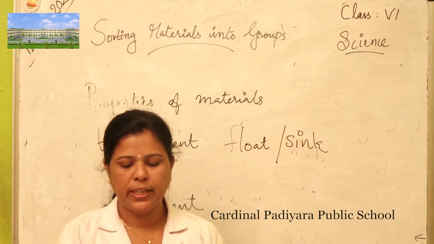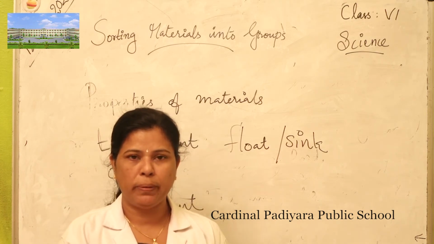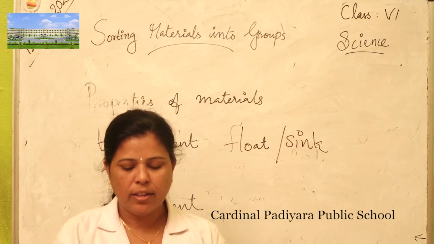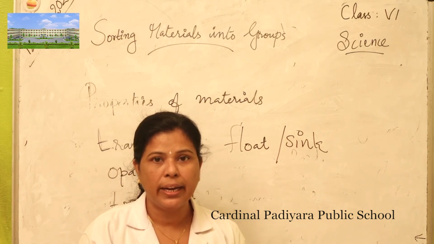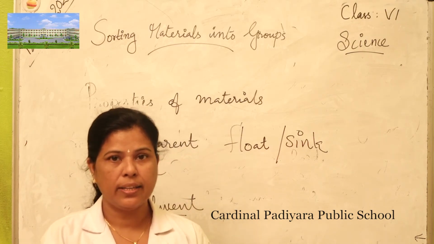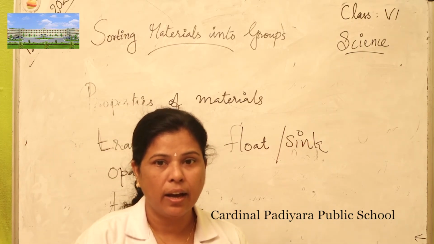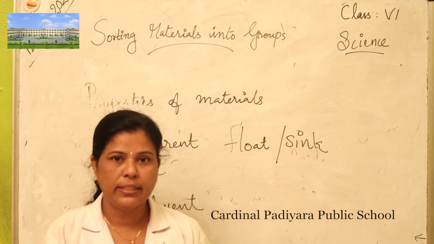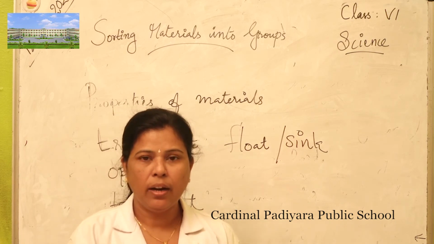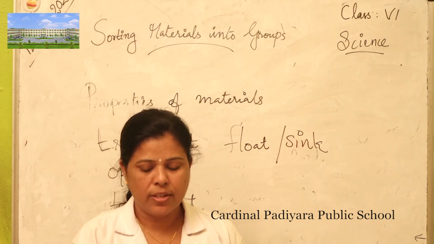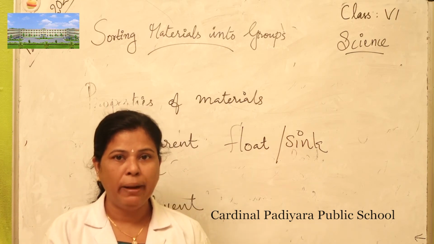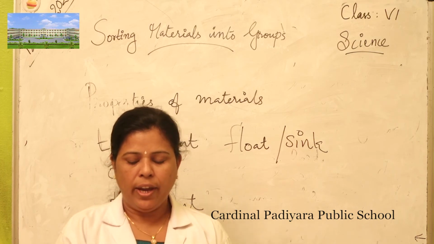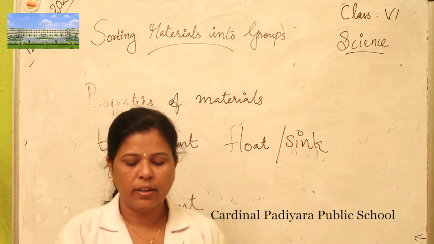Different types of materials have different properties. So the properties of materials are: some materials have a shiny appearance, that is a luster appearance. Some materials are lustrous, while others are dull. Some are rough, some are smooth. Similarly, some materials are hard, whereas some others are soft.